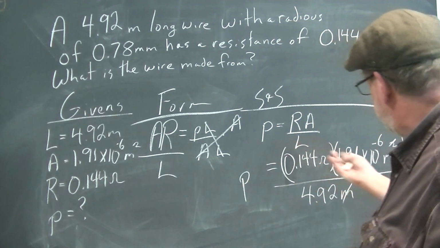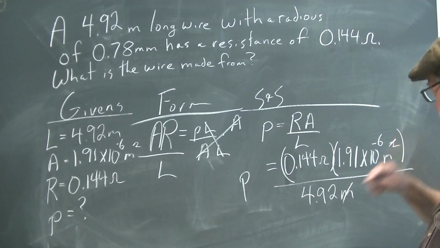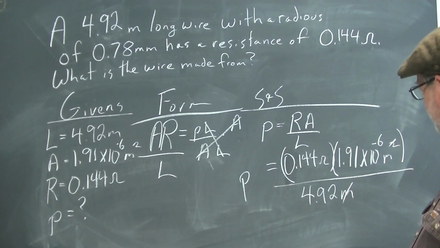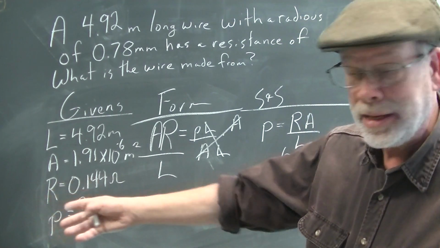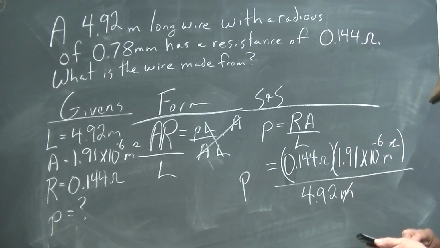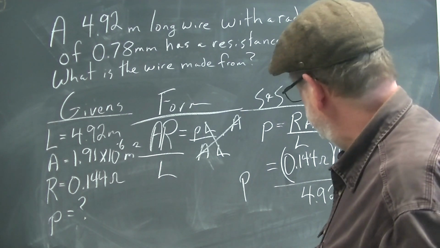Okay, so let's go ahead and multiply this stuff in then. I have left the 1.91 in my calculator, so that has all the useful significant figures and then some, times 0.144 divided by 4.92. Okay then.